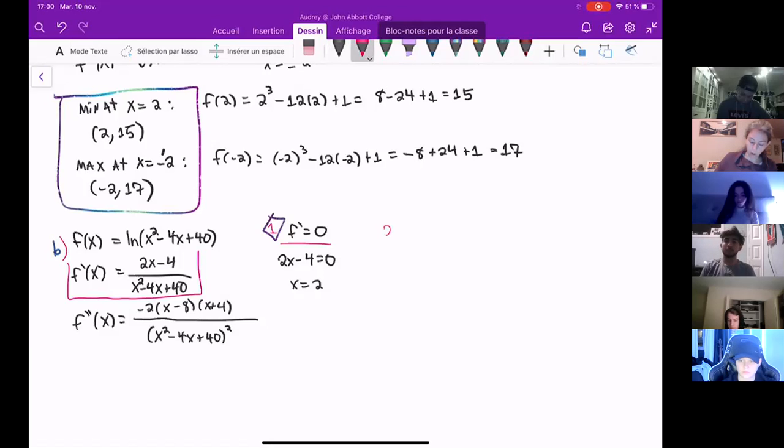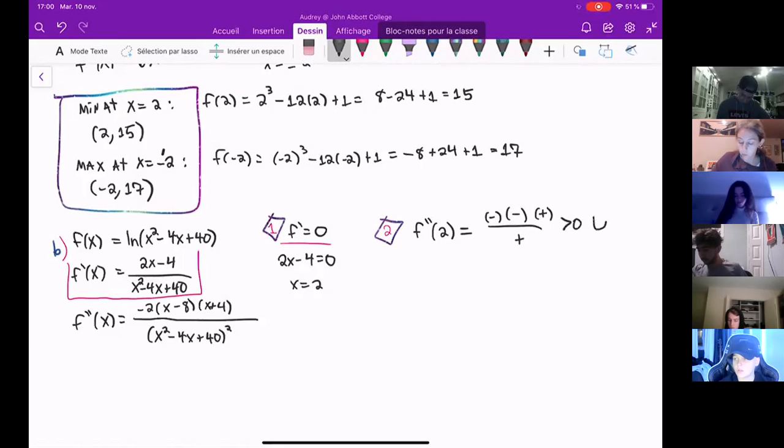So then I move on. I want to plug this value into the second derivative, f double prime of 2. So here I have negative, 2 minus 8, that's negative, 2 plus 4, that's positive, and this is positive, so this is greater than 0, so it's concave up. So is x equals 2 a max or a min? Minimum.